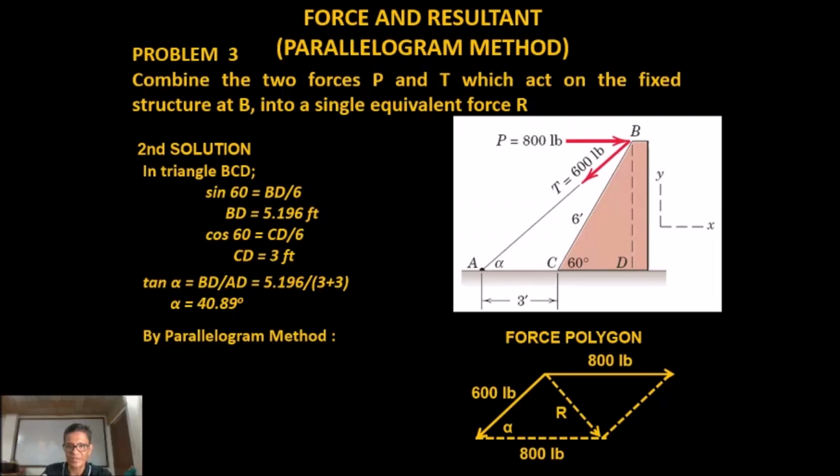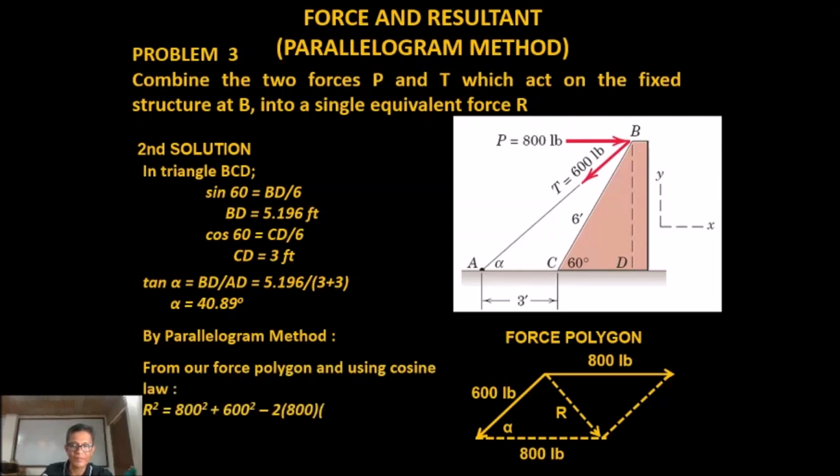This is an SAS case, so the solution is by using cosine law. From our first polygon, using cosine law, we have R squared is equal to 800 squared plus 600 squared minus 2 times 800 multiplied by 600 cosine of 40. Then R will be equal to 523.71 pounds, which is the same as in our first solution.